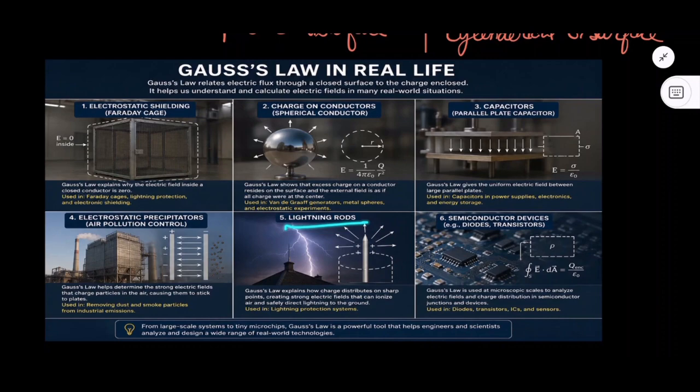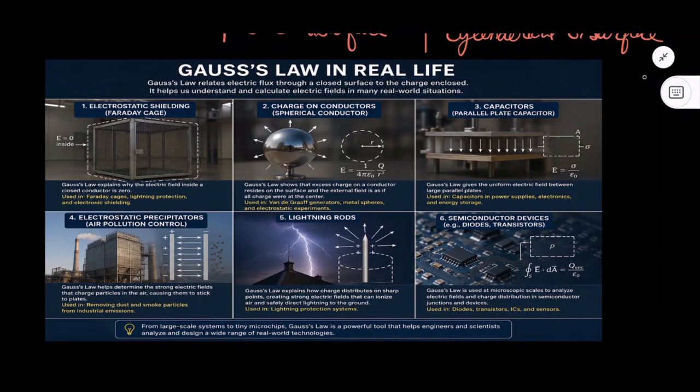Then we have lightning rods, where at the sharp edges or sharp points strong electric fields are created, and they ionize the air, and the whole of the lightning directly moves to the ground. So it is also one of the protecting systems. And then we have semiconductor devices. So it is one of the powerful laws which is used in our real life.